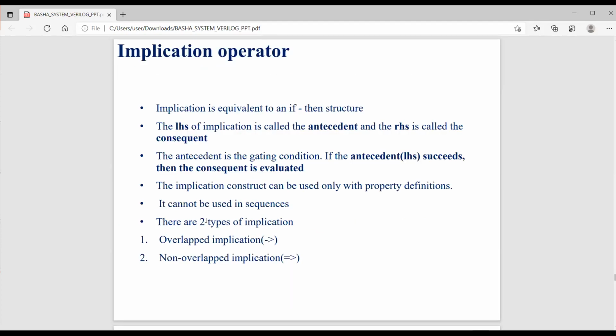Clear? Yes, ma'am. Now we come to the implication operator. This implication operator you will use only inside a property, not inside a sequence. Remember, some operators you can use only inside a property. Whereas the operators you use inside a sequence can also be used inside a property, because inside a property a sequence can also be called.